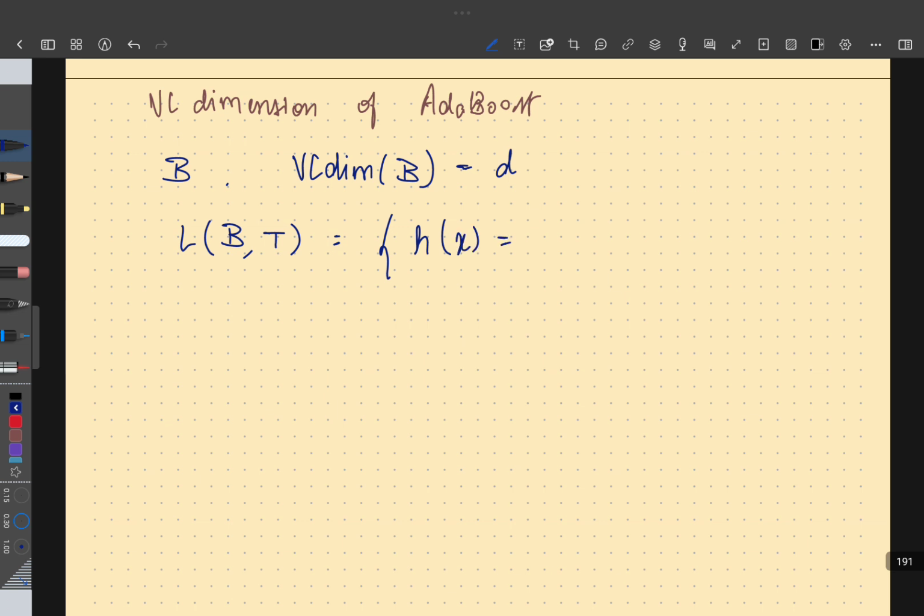At the end of T steps, we will see a classifier or a predictor that looks something like this: summation t equal to 1 to capital T, alpha_t h_t(x).